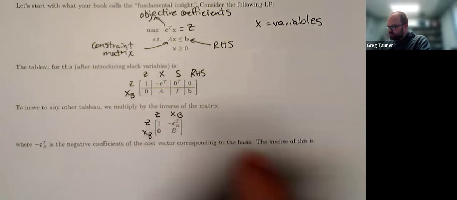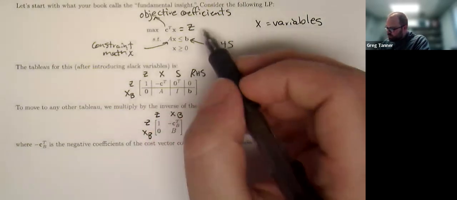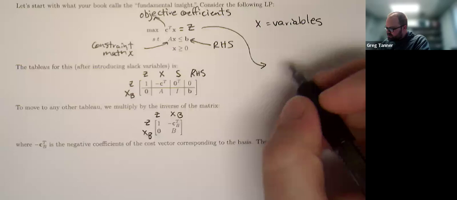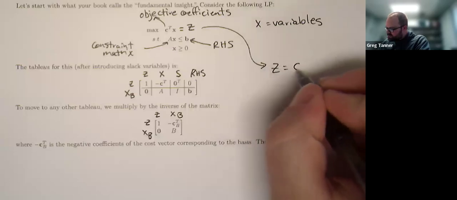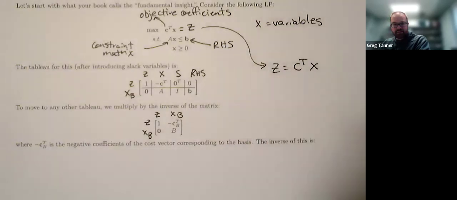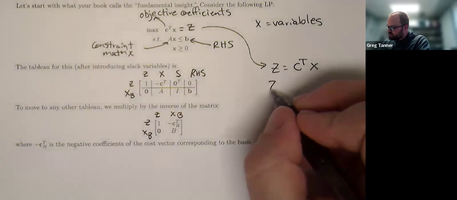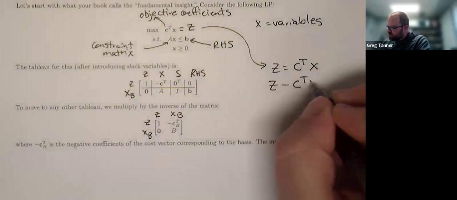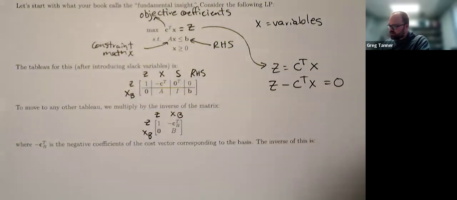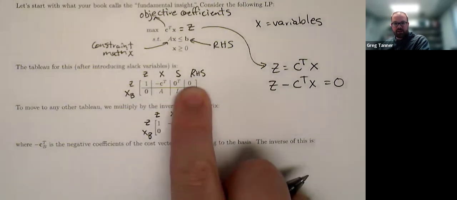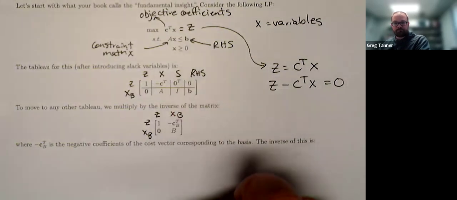Negative CB. So remember, when we get our objective, we've got Z equals C transpose X. But we want to get all of our variables onto the left side. And so we switch this to be Z minus C transpose X equals 0. And that's why we got a 0 right here at the beginning.